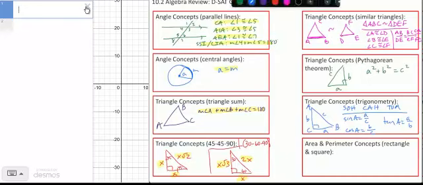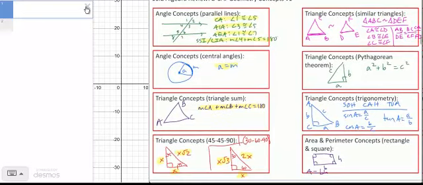The final concept for what you're going to see in this set is the area and perimeter concepts, mostly rectangles and squares, potentially a triangle, potentially a circle as well, but for the most part, they are heavily rectangles where you have a base and a height. The area is base times height, and the perimeter is 2 times the base plus 2 times the height.